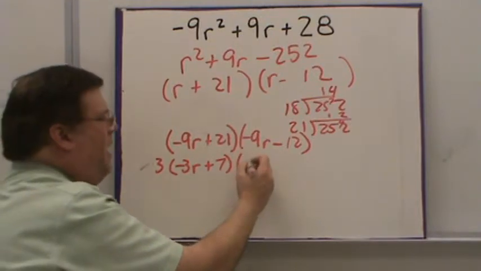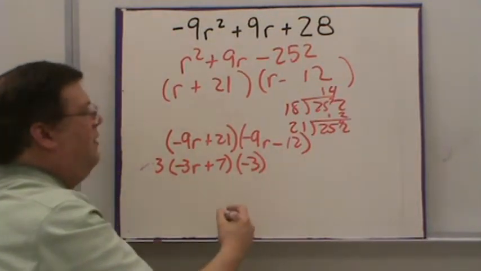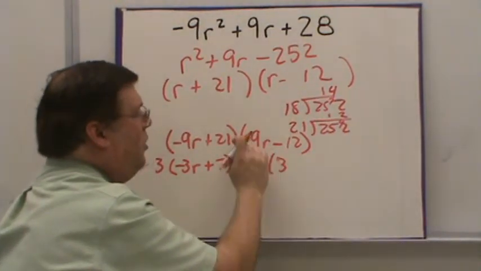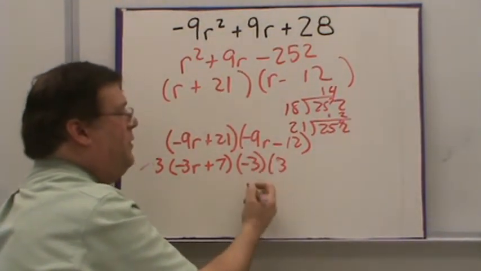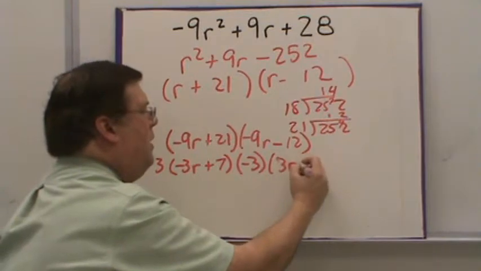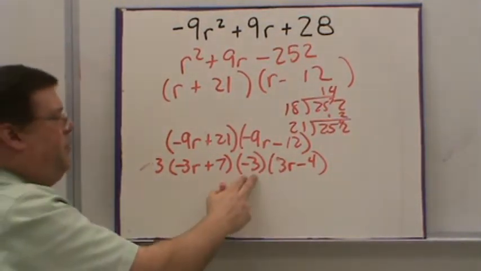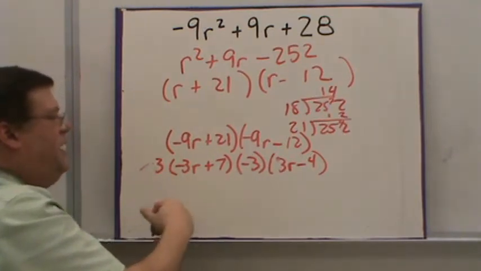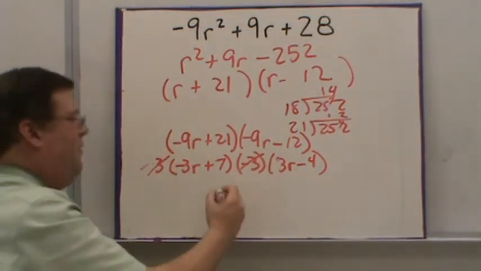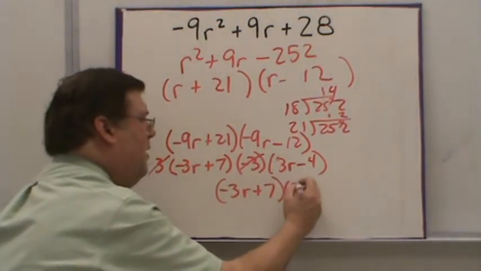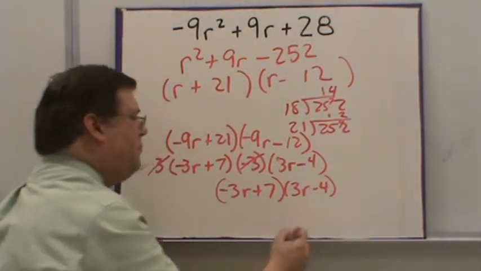Take out a common factor of negative 3 here, and we get 3r minus 4. Why the negative? Well, they're both negative, so we're going to take that negative with it. 3 times negative 3 does give me negative 9, so those two are going to cancel out. I'm left with negative 3r plus 7 and 3r minus 4.